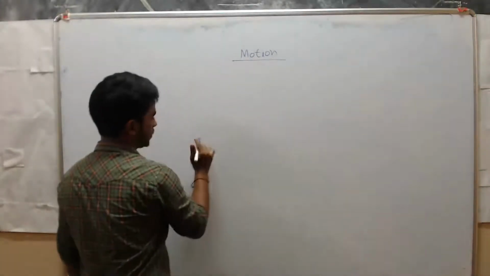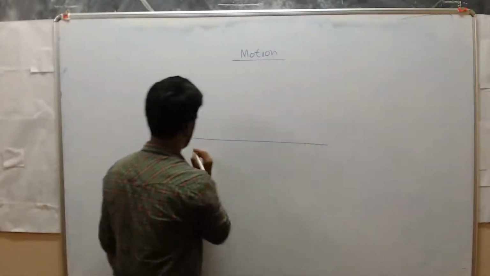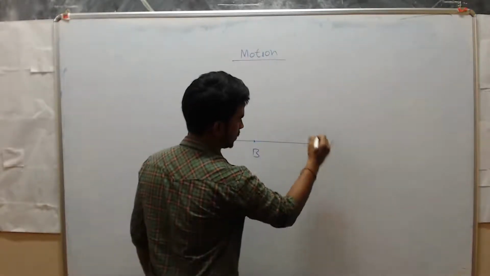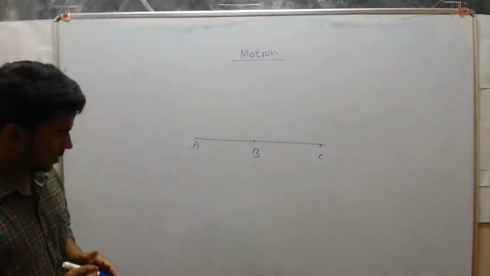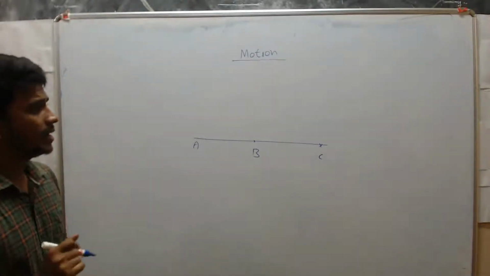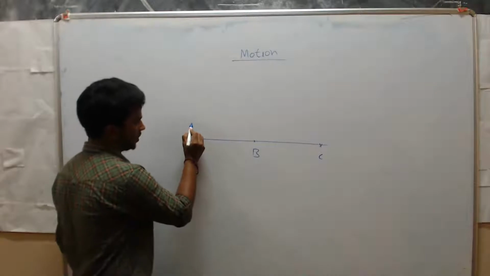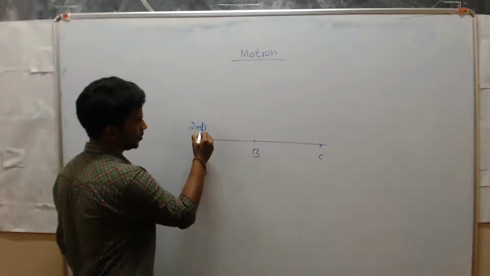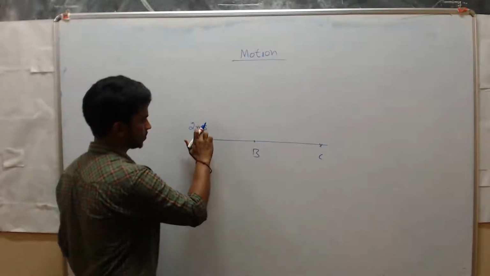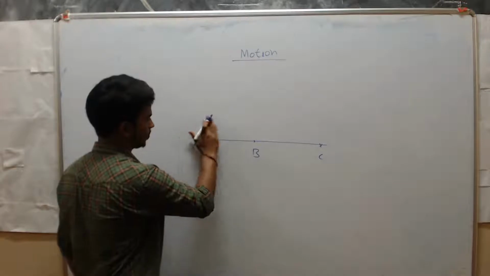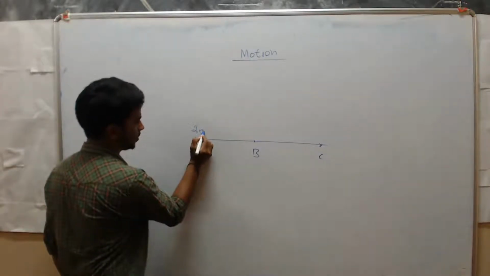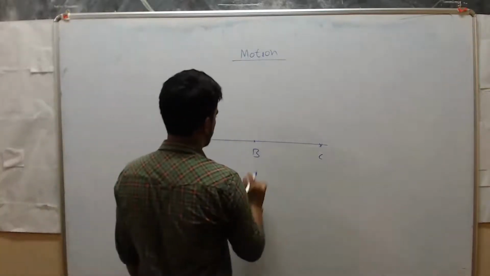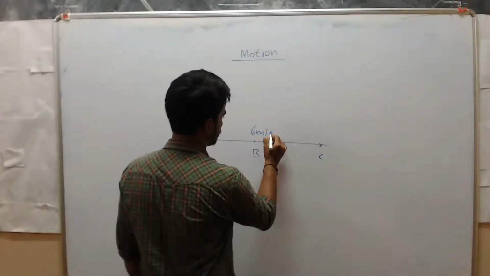Now listen here. One object is moving, say from A to B, and then from A to C. At this point its velocity is 2 meter per second, and at this point its velocity is 6 meter per second.